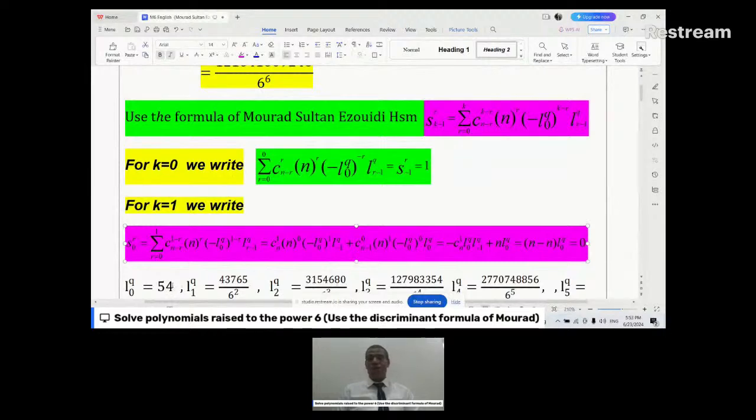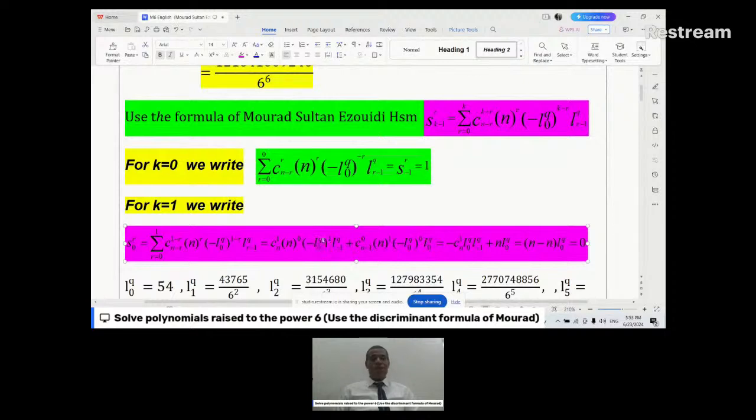Any positive or negative number that is different to 0, when you raise it to the power 0, you will always get 1. So it will be minus L0 of Q raised to the power 0, which is in fact 1, times L1 minus 1, which gives you L0 of Q. Therefore, learners, you can see that L0 of Q here and here is a common factor.